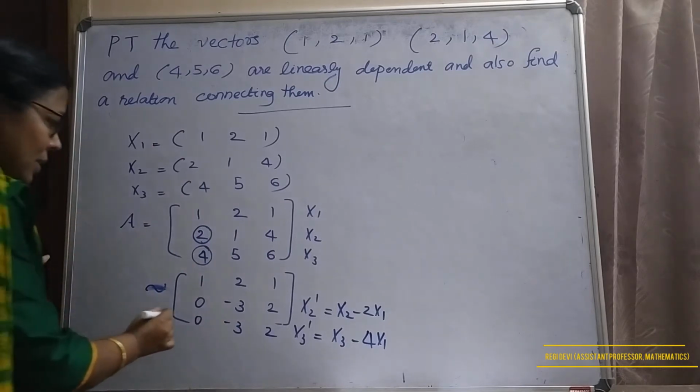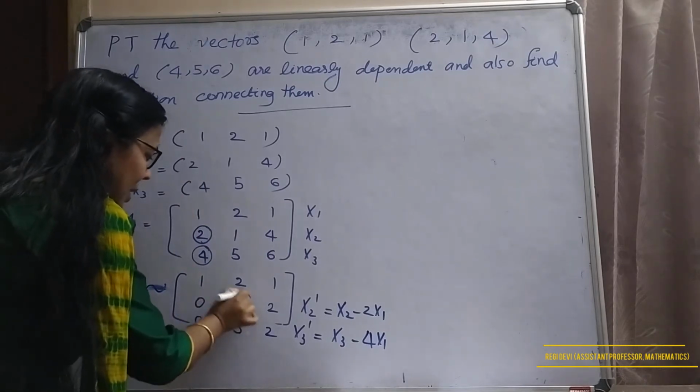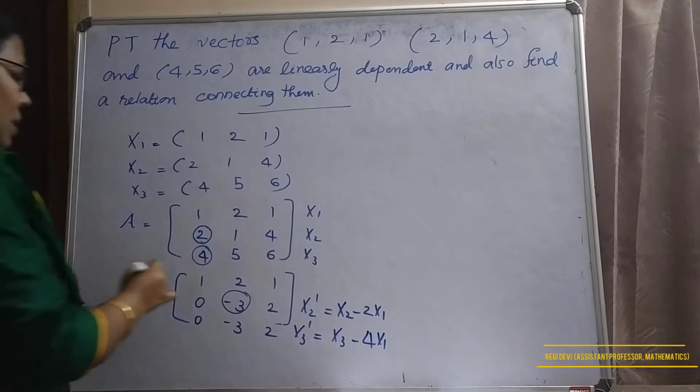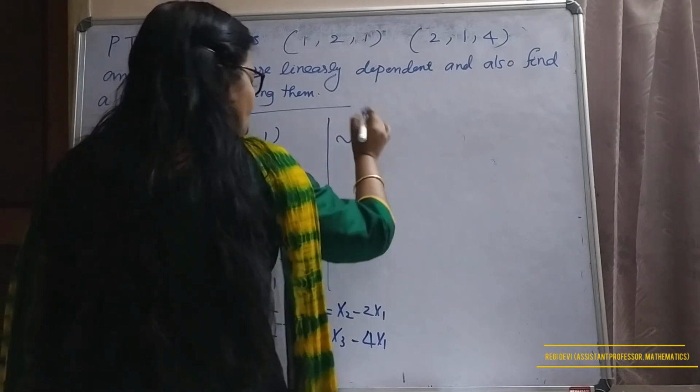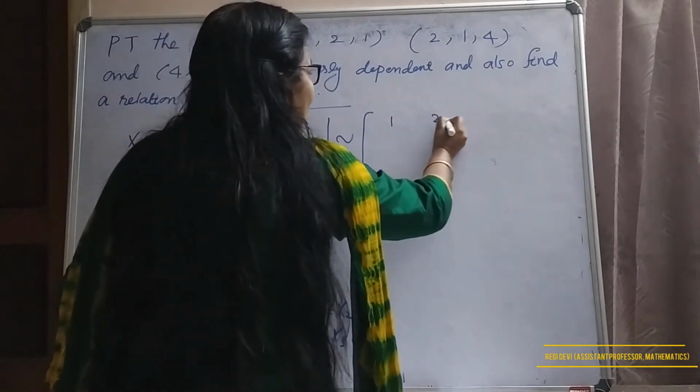Now we have to change this minus 3 into 1. The first row is fixed, which is 1, 2, 1.